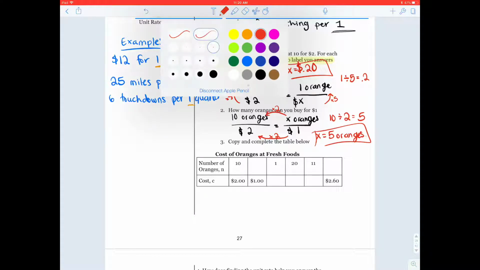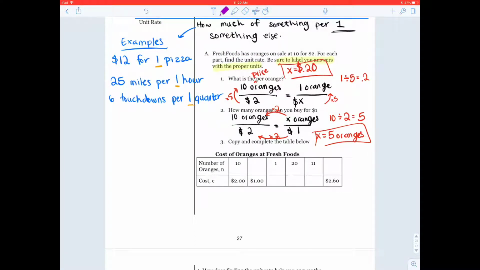Really quick, before we move on to this table, I would like us to write the 2 unit rates that we have at the bottom here. The first one: what is the price per orange? We said that the price per orange was 20 cents per 1 orange.